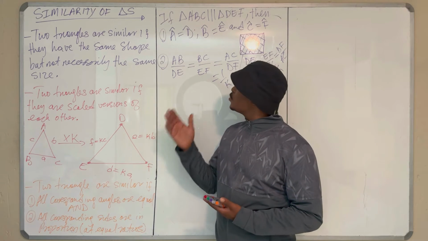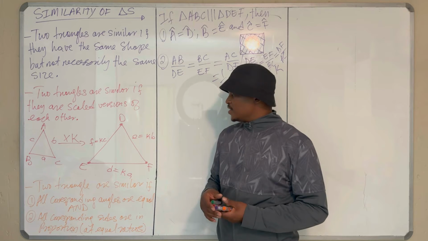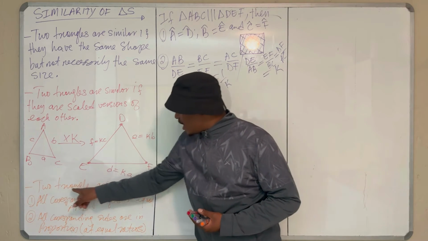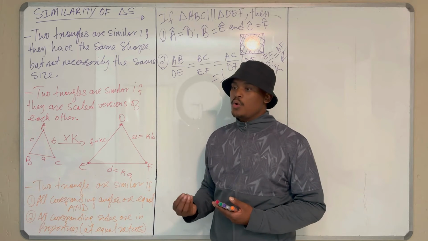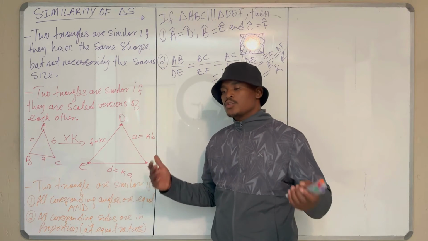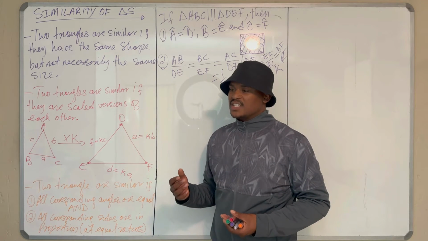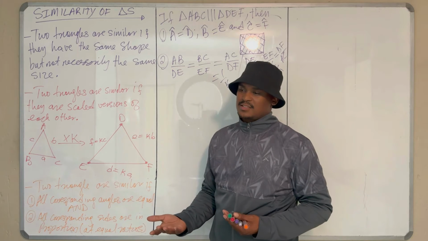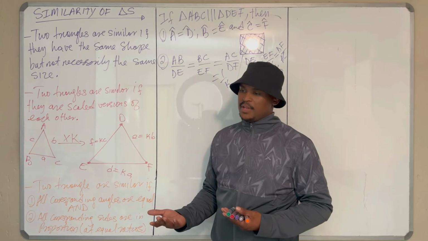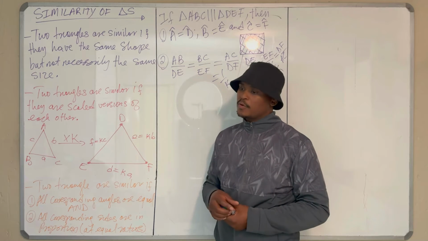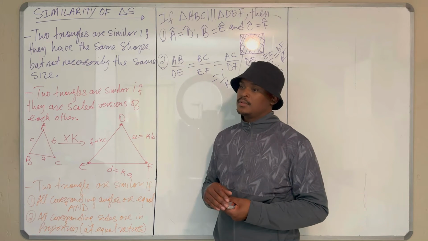So I'm going to clean the board, and we are going to do the first theorem, which is to prove the first part: that if we have equiangular triangles, those triangles are similar. Equiangular means triangles with equal corresponding angles. Are you happy? So let's clean the board and try to prove that theorem and see how that will go.